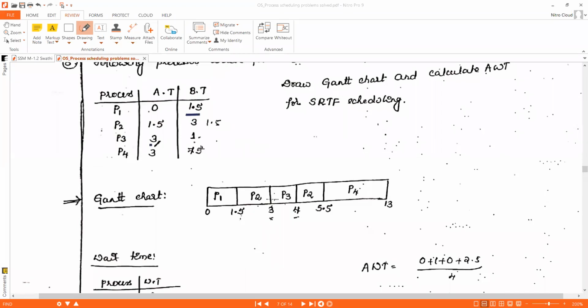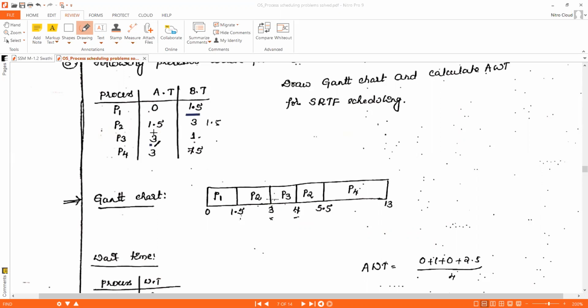So the CPU will be allocated to process 3. Process 3 will be executed for 1 millisecond. At clock time 4 milliseconds, the CPU will become free. It completes execution of process 3.